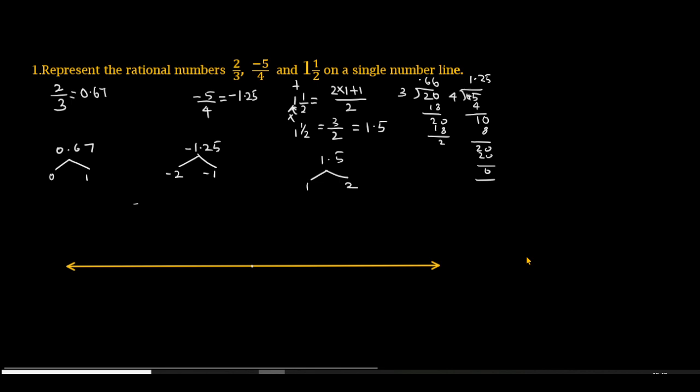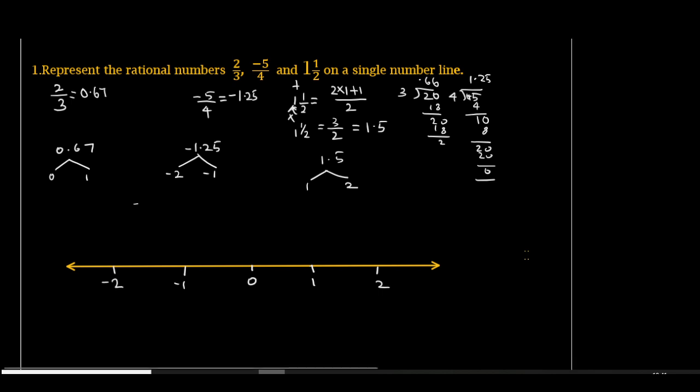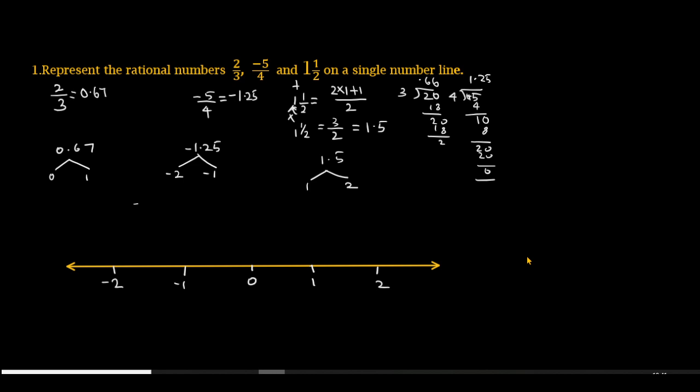Say this is my 0, 1, 2, left hand side minus 1, minus 2. The right hand side of 0 is positive, the left hand side of 0 is negative. Now look at the first number, it is in between 0 and 1. So in between 0 and 1, here we need to place the number.